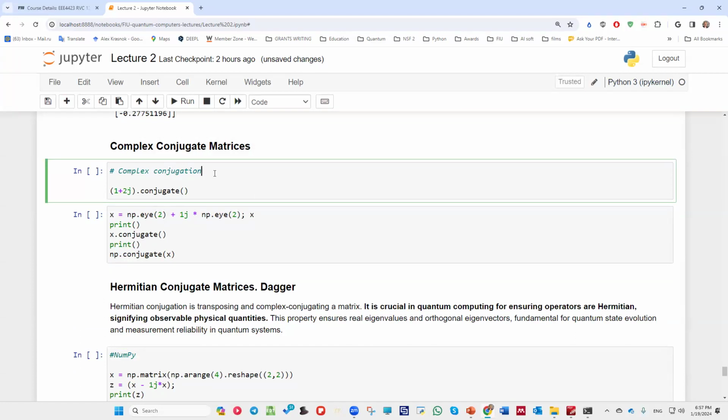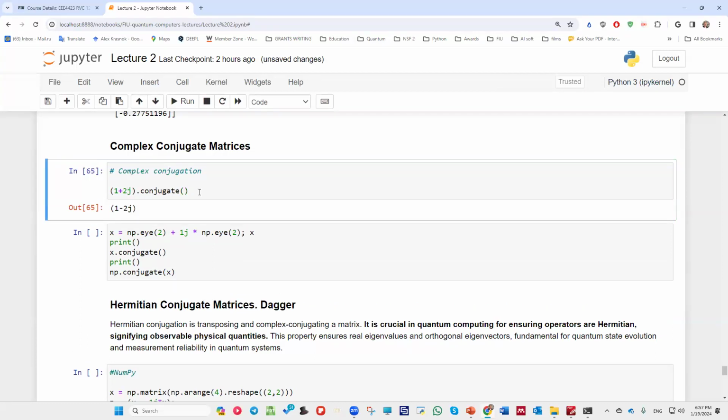We have some minutes left. A few words about complex conjugate matrices. Again, in order to take the complex conjugate, you just call this method .conjugate with parentheses. So basically, if you have a complex number like this, j, I remind you, is the imaginary unit, the way we define the imaginary unit in Python, and I need to take the complex conjugate of this number, I just run this, and it returns me the same complex number, but the sign, right?